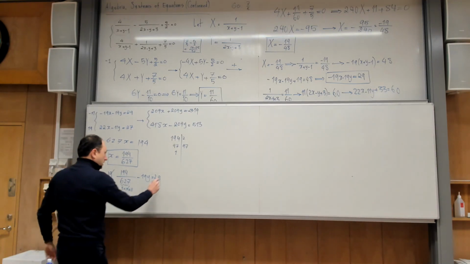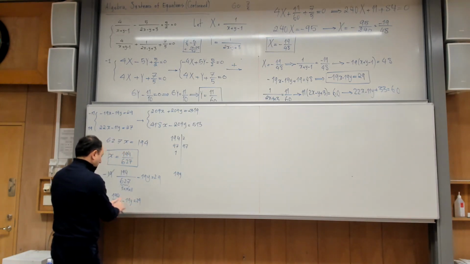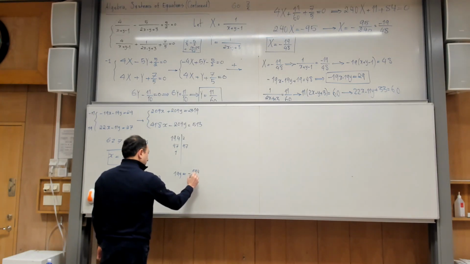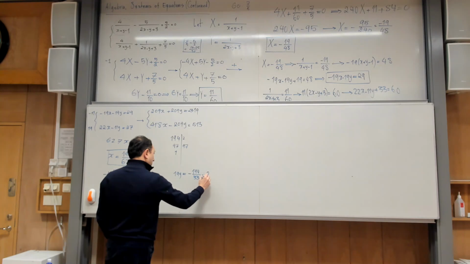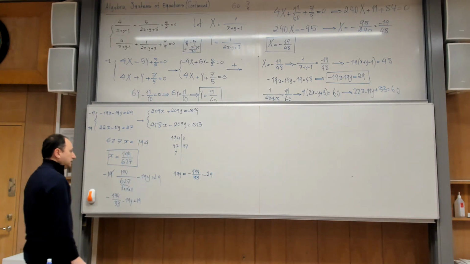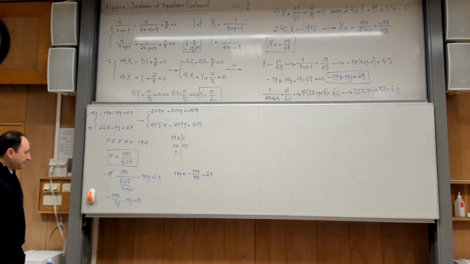Okay, and then what I do, I write 19y, I move it to the other side, and 29 to the other side. You didn't really move 29, did you?